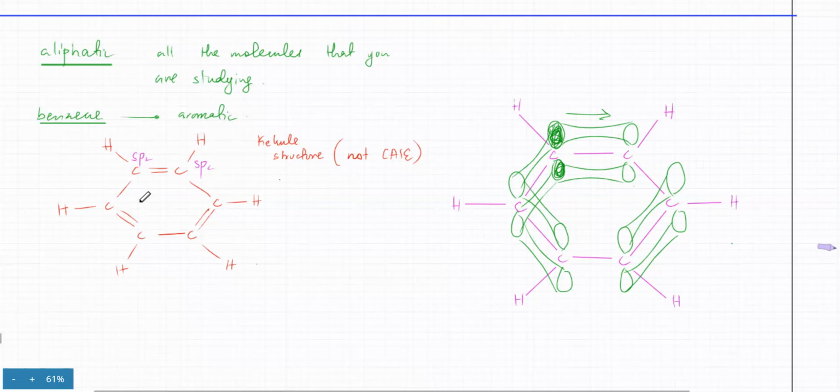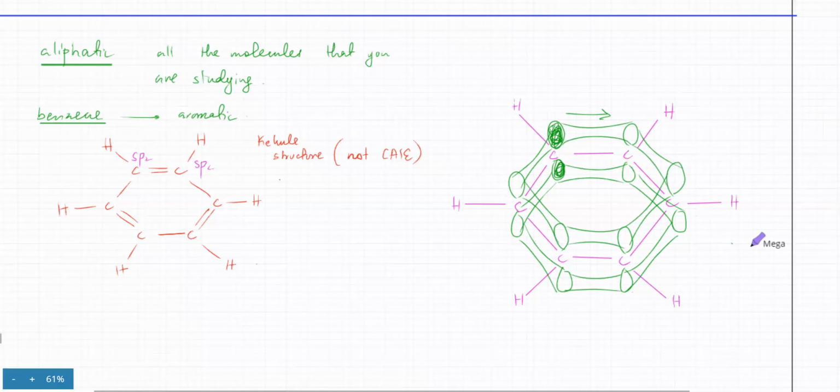This is called resonance. Why is this p orbital bonding with this one? It could also bond with this one. So what you get at the end is that they all start overlapping with each other, and all 6 p orbitals get delocalized. So there's a pi electron cloud above and below the structure of benzene. Do you get this? Is this clear? Abba, is this clear? Rida?